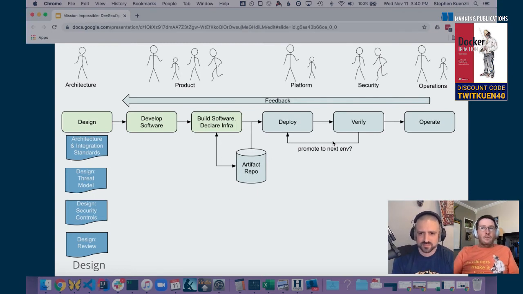So a good way to integrate security into design is to start with some architecture and integration standards, put together a solution, and talk it over with your partners and your security folks: what are the threats to our information here?